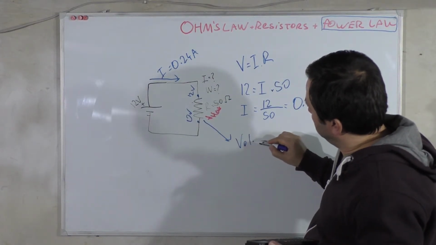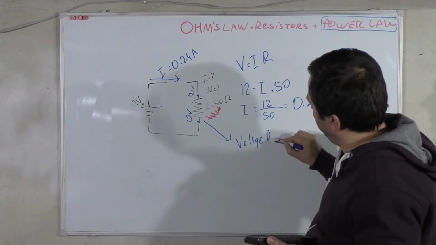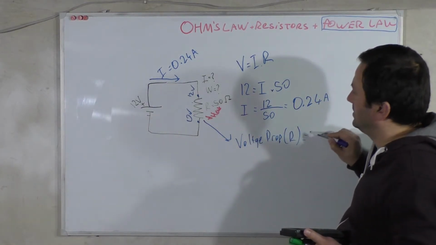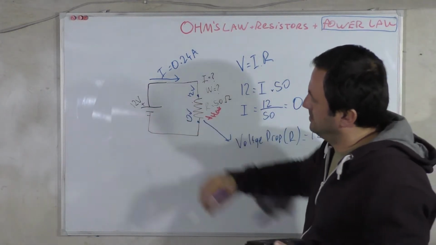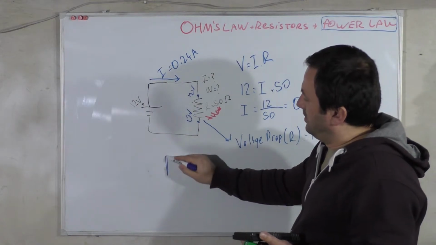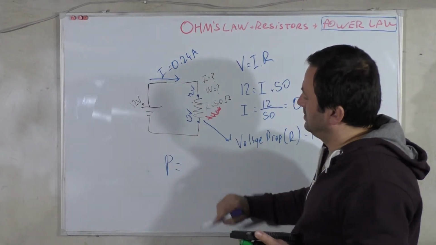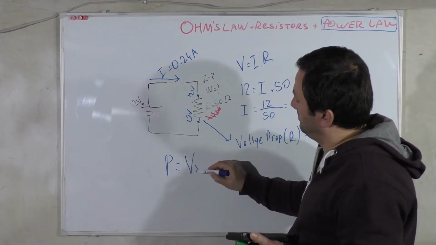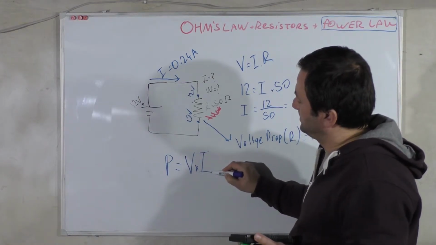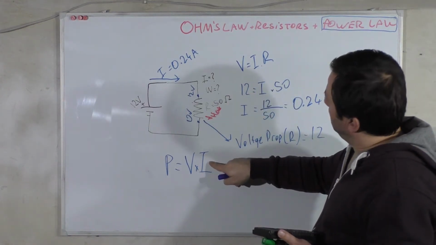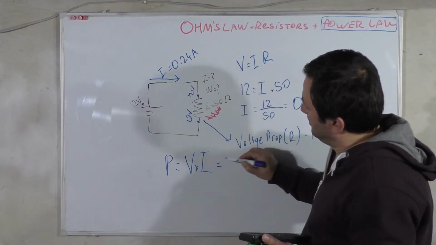Yes, the voltage drop in our resistor is 12, same as here. So what is our general power law? Power is equal to voltage multiplied by current. And you can type current here, you can see it, you can type it like that.